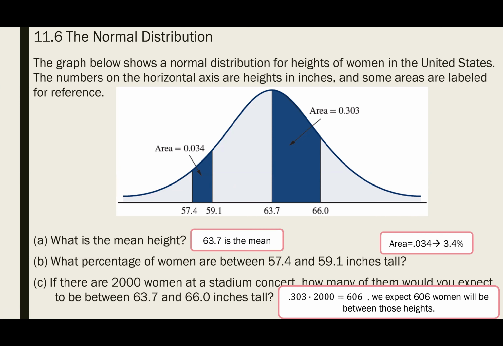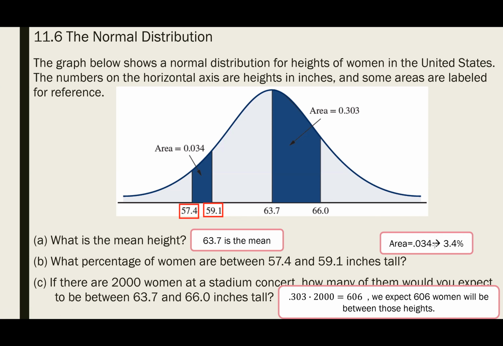And if they say we have 1,000, how many would we expect to be between the height of 57 and 59? If we have 1,000, we should expect 3.4% of the people.